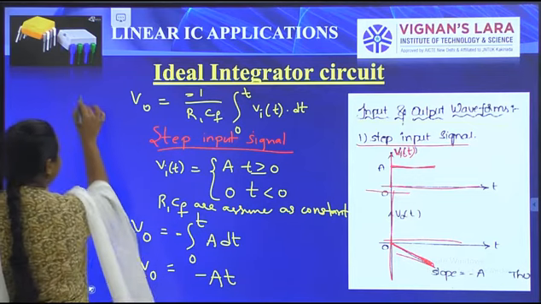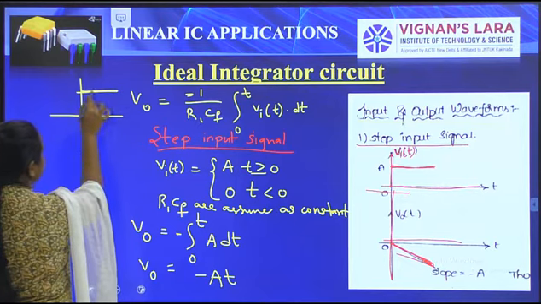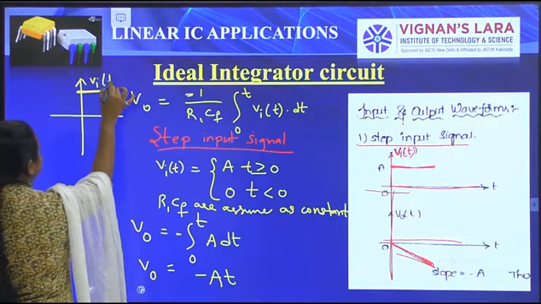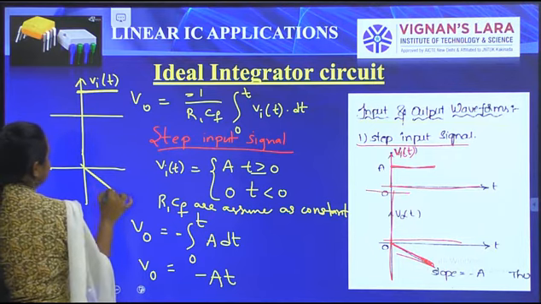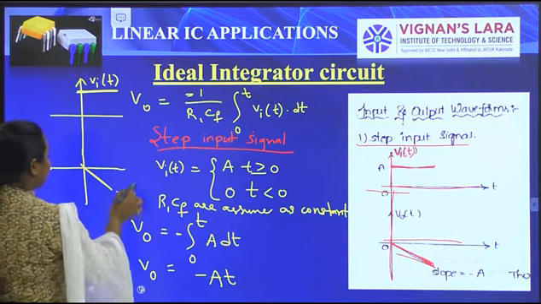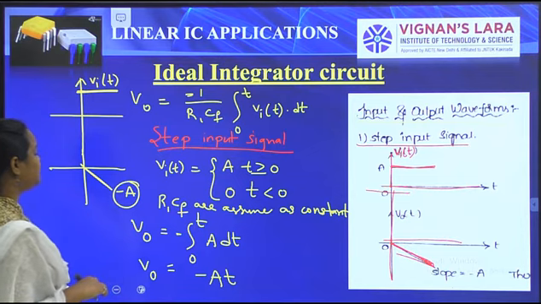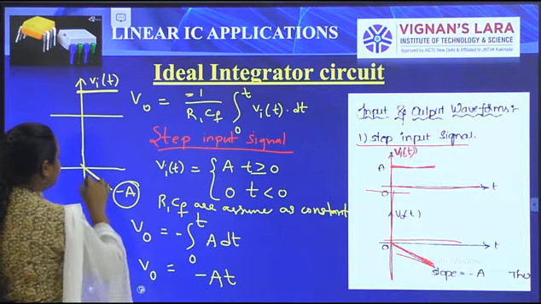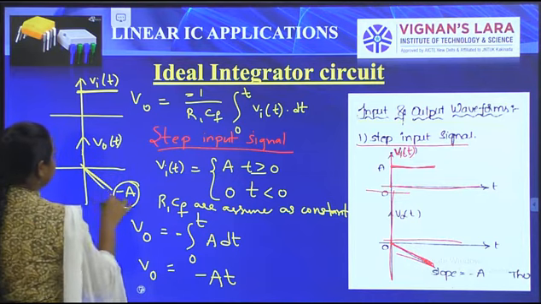So we are giving the step input signal A, the input Vi of t is a step input signal, but the output becomes a slope with the minus sign. The output from the step input signal is a slope with a minus A. So here the output is like this, V out of t is equal to minus A t.